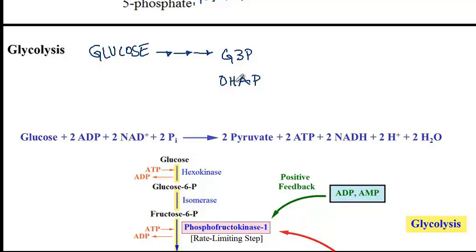And these two molecules are isomers and are interchangeable, so therefore we can say that the glucose will give the final product of 2 molecules of glyceraldehyde 3-phosphate.